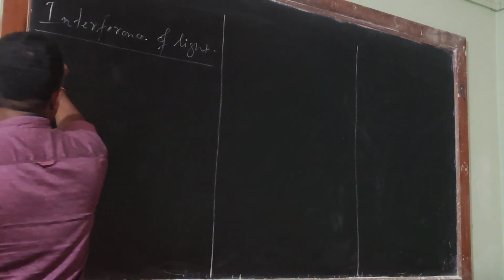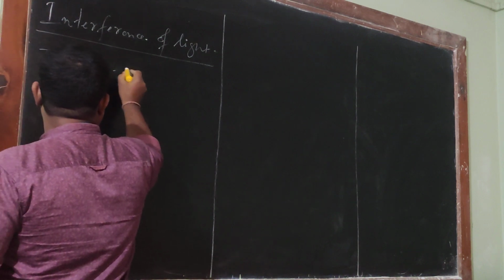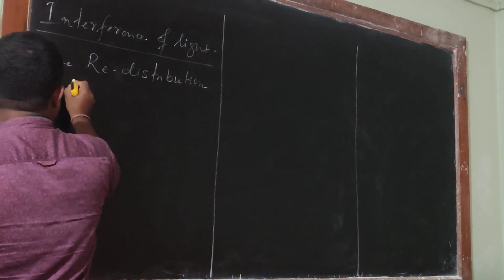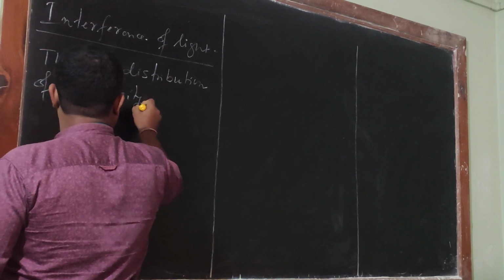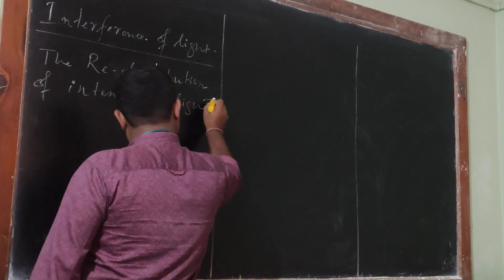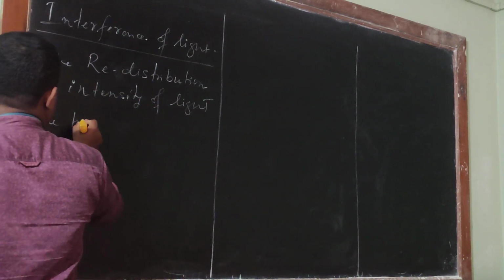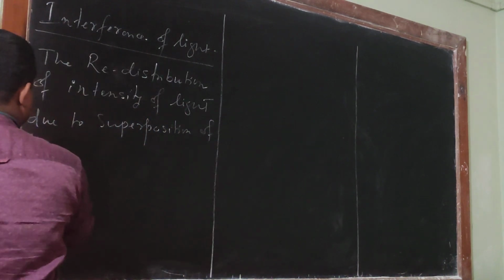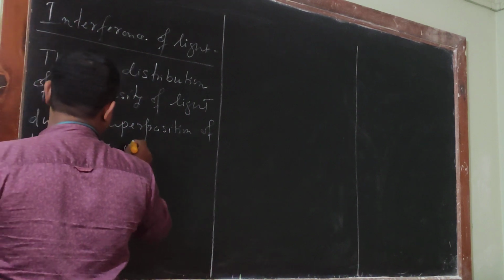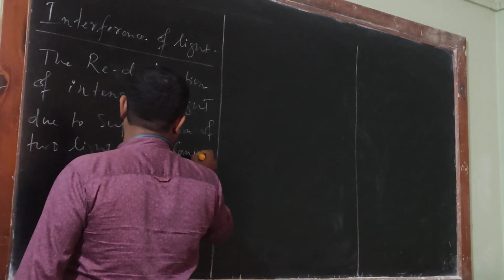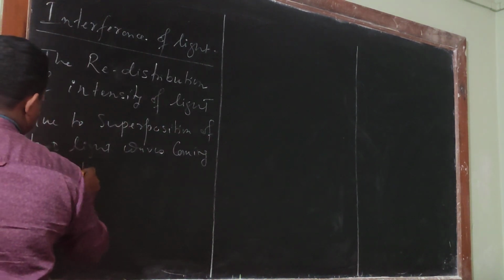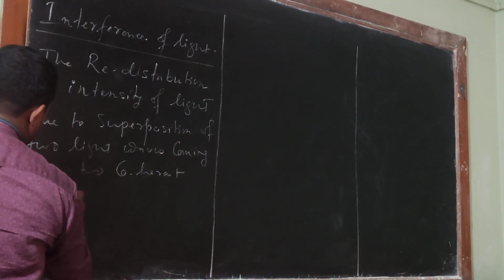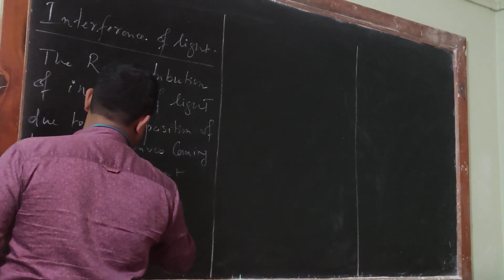So you can say that the redistribution of intensity of light due to superposition of light waves coming from coherent sources is called what?